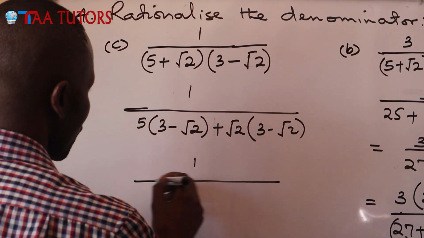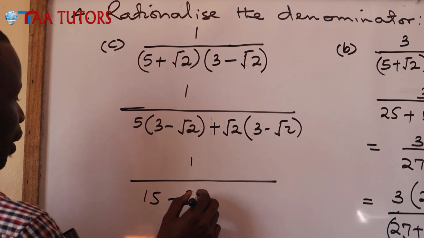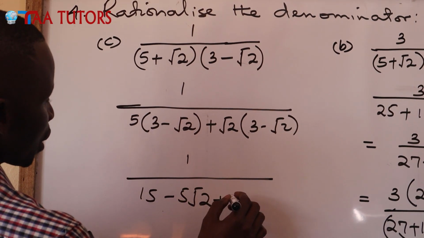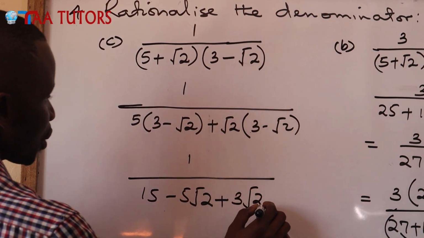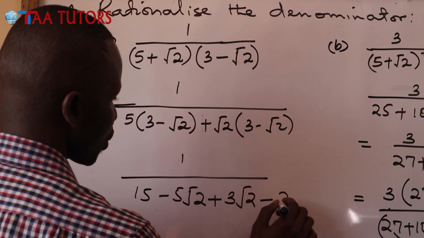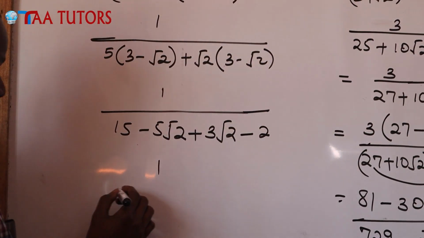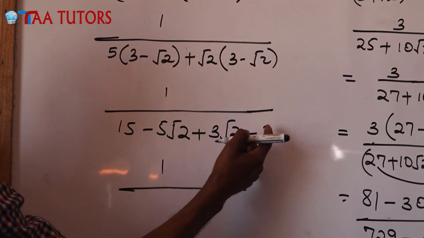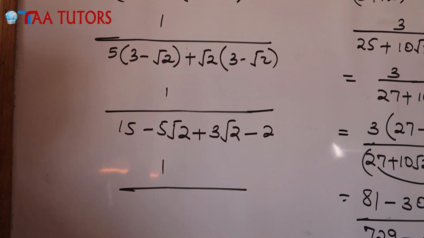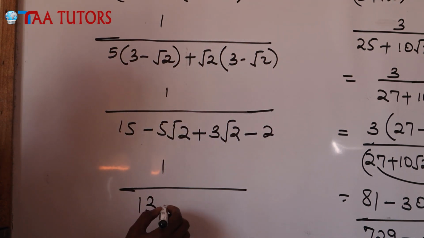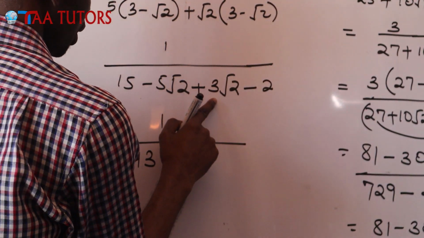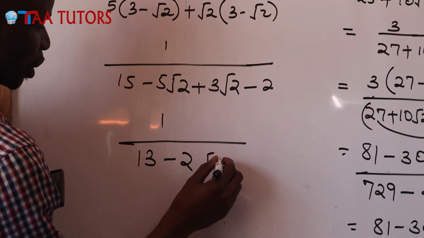This is 1 divided by 15 minus 5√2, then plus 3√2, then minus √2 times √2, which is √4, which is 2. So this is 1 divided by 15 minus 2, which is 13, minus, because negative 5 plus 3 is minus 2√2.